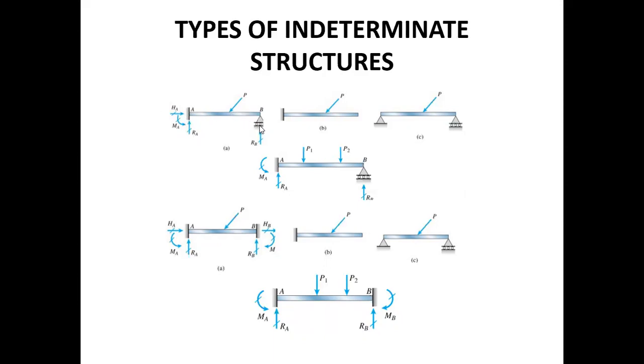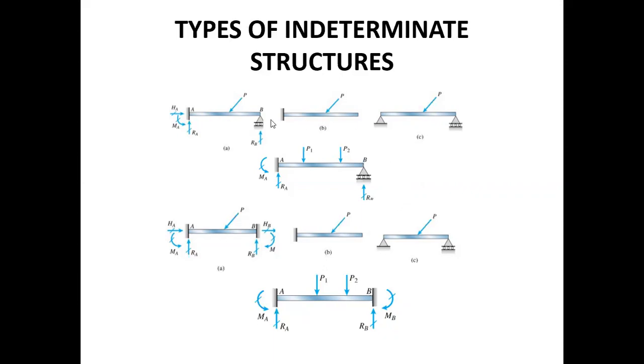At the roller end, we already know the number of reactions is 1. The total number of reactions in this beam will be 4, and 4 minus 3 is equal to 1. So this is an indeterminate structure. This is a case of a propped cantilever beam, and it is an indeterminate structure to a degree of 1.